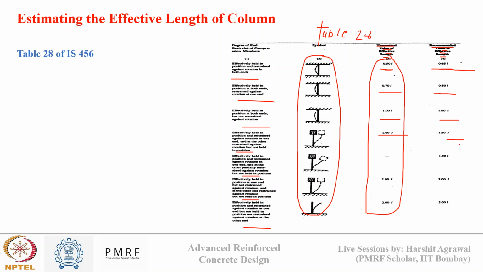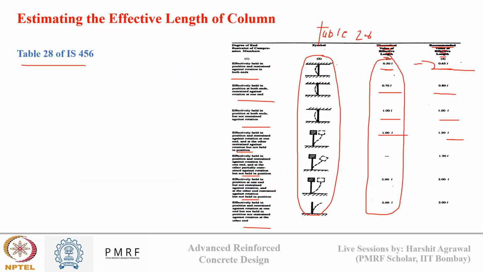So for some cases, the code says we need to take a greater value of k. Why is the code recommending a higher value of k? So that we can have a design on the safer side. To make the design much safer, the code says to increase the value of k for some of the cases. So this is all from table 28 of IS 456.